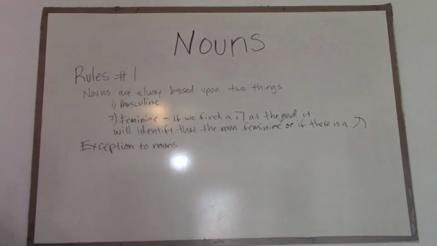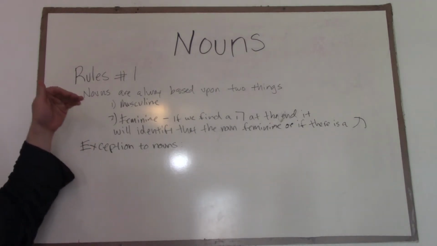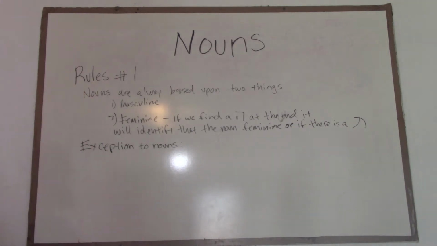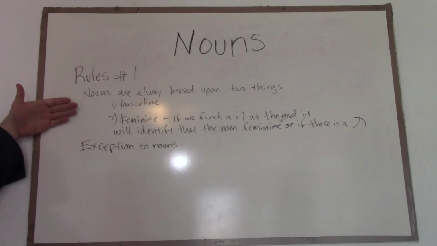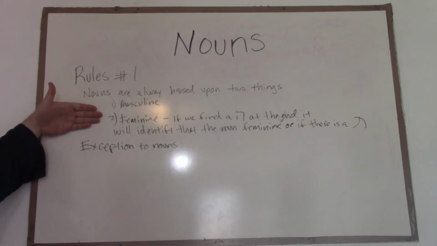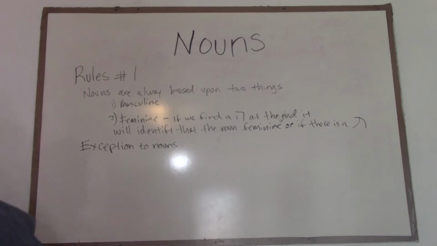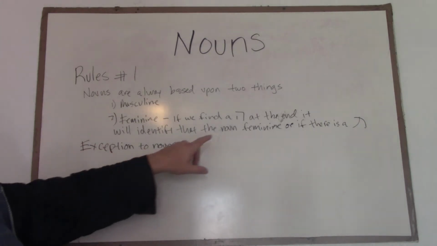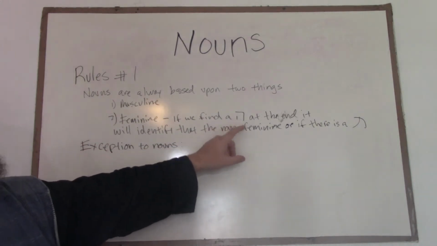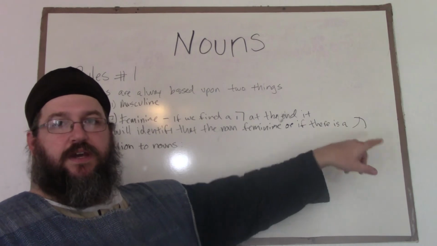So my first rule of understanding nouns is that nouns are based upon a masculine and a feminine base. What makes it masculine is that this area of what is called feminine does not exist. So how do I identify a feminine noun? I will see that there's a hey at the end, or I will see that there's a tav at the end.